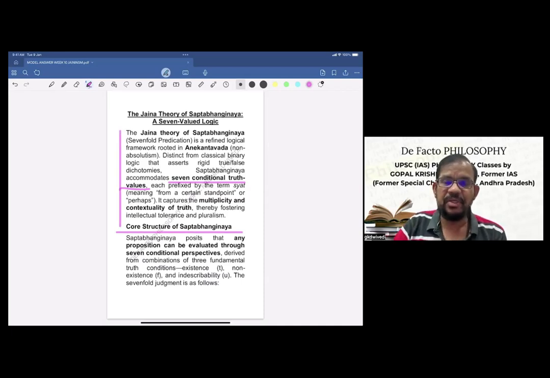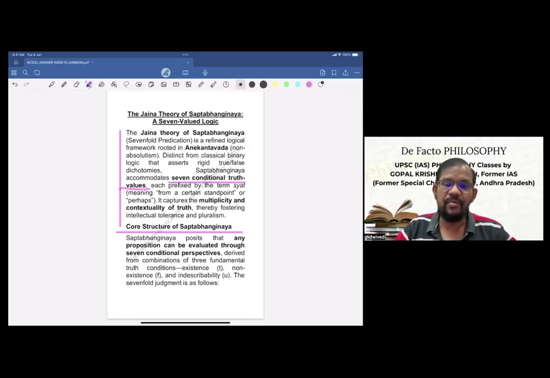Now, the core structure of Saptabhangina, which is the main part of the answer actually. Saptabhangina posits that any proposition can be evaluated through 7 conditional perspectives. So there are different perspectives, and for any statement or for any idea or for any truth, there have to be 7 perspectives.